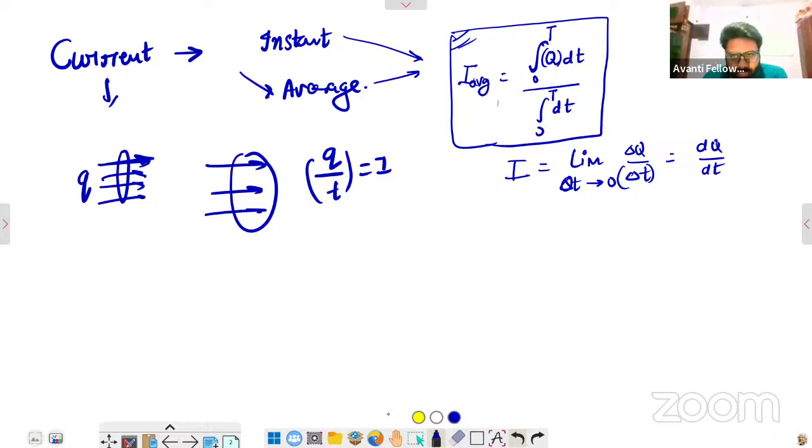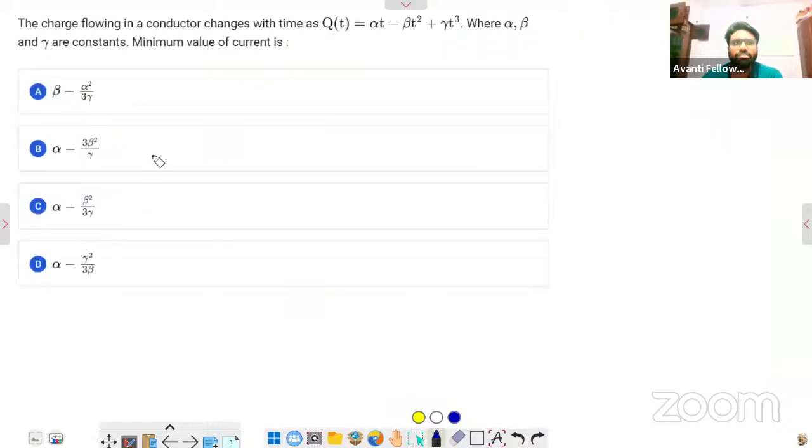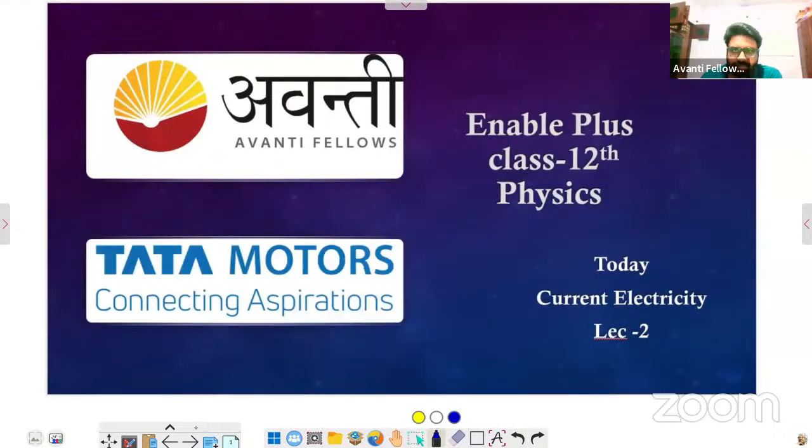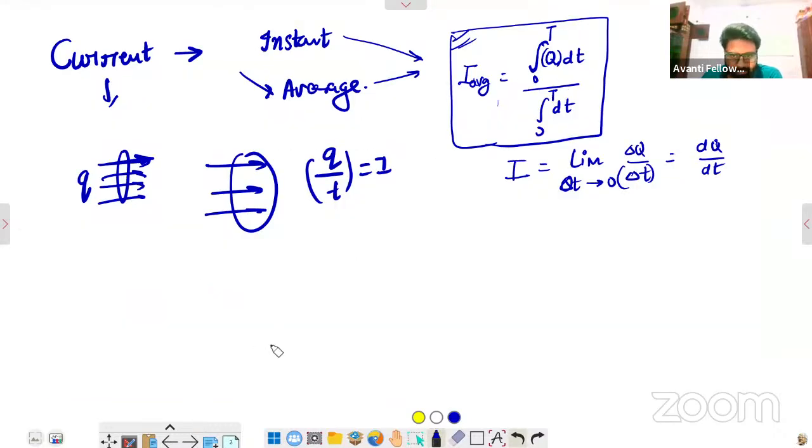Okay. Now, based on that, we solve a question first of all. The charge flowing in a conductor changes with time, q(t) equals alpha t minus beta t square plus gamma t cube, where alpha, beta, and gamma are constants. The minimum value of the current is, and I would like to say here that this is the method for the average current.